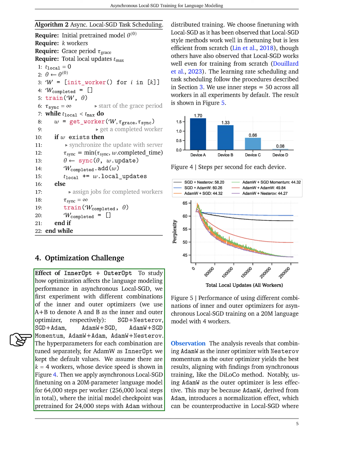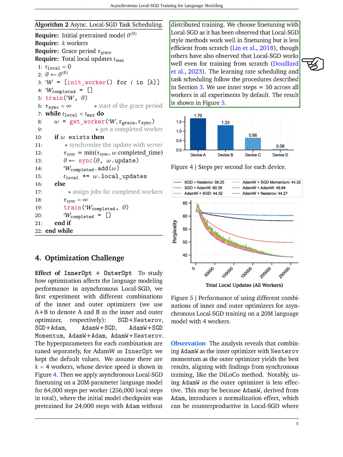We'll then apply asynchronous Local-SGD fine-tuning to a language model with 20 million parameters, running 64,000 steps per worker, which totals to 256,000 local steps. The initial model checkpoint was pre-trained for 24,000 steps with Atom without distributed training. We're choosing to fine-tune with Local-SGD because it's been observed to work well in fine-tuning, although it's less efficient from scratch.